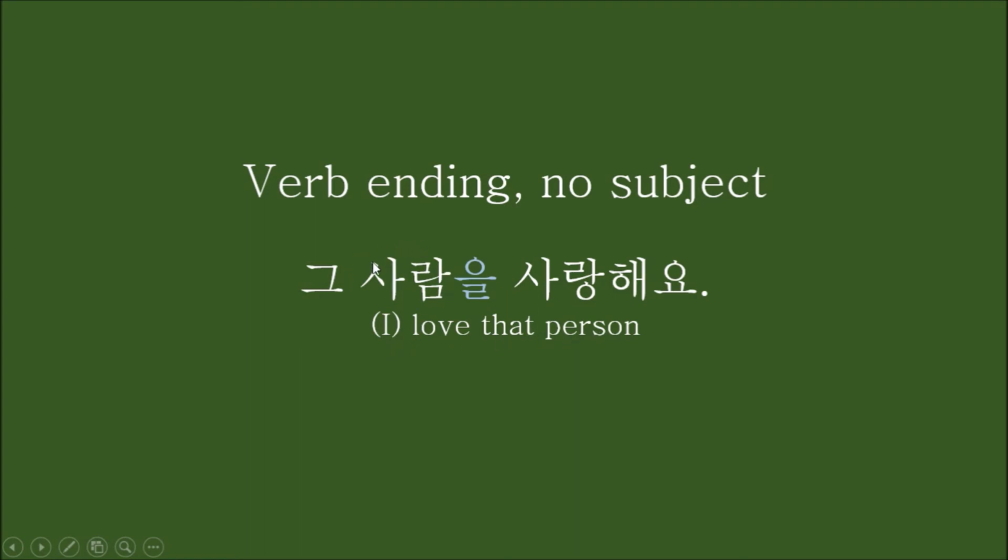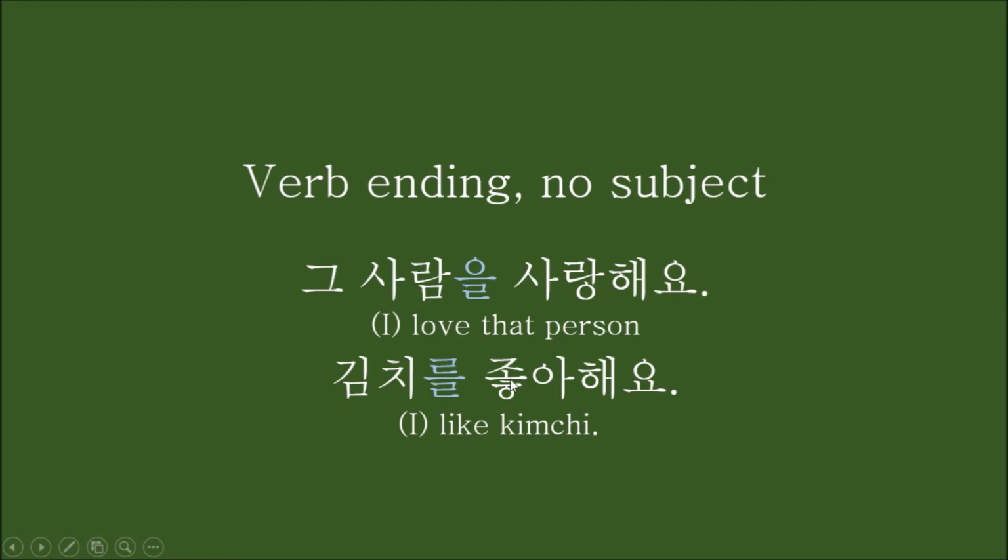The 사람 here, that person, is loved, and an action is performed on the 사람. So you always have to follow with 을 or 를. Next, 김치를 좋아해요. I like the kimchi. So the act of liking is done on the kimchi, so you always have to follow with 를.